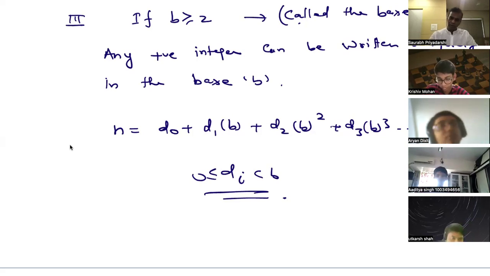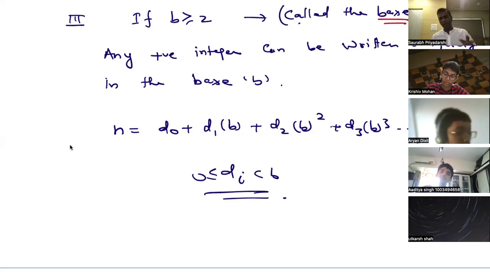This is either called the base or कुछ books में, if you'll see, this is also called the radix, right? Usually we use base, but in few books you'll see this radix is given. Both are the same thing, right?